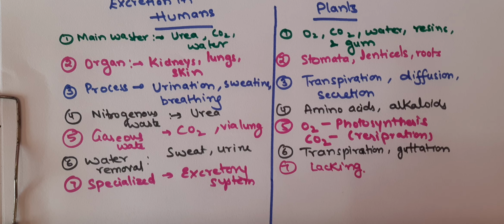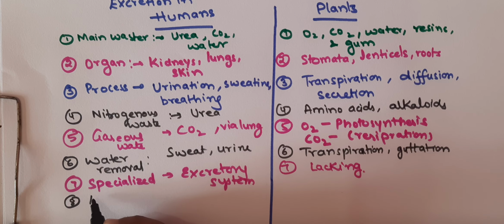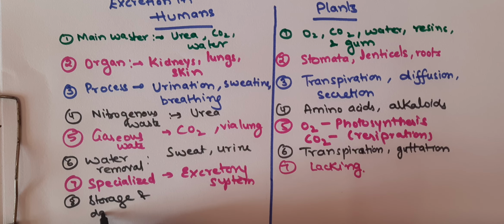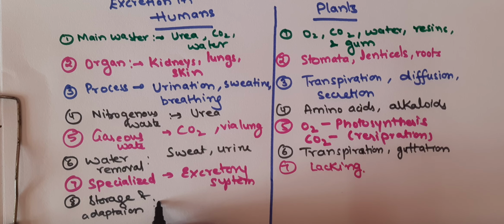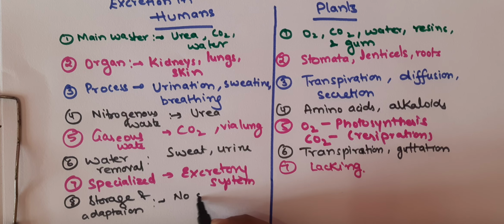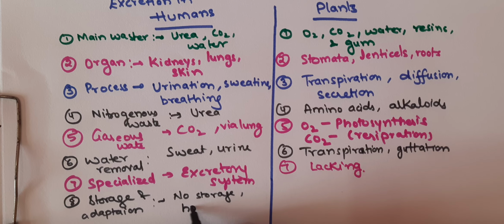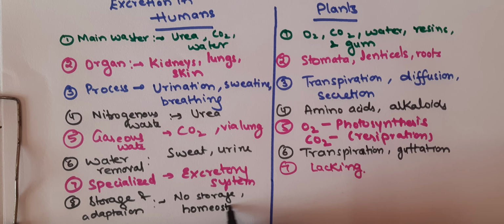The next difference is in terms of storage and adaptation. So we already discussed that in the case of humans, there will be no storage, and excretion helps in maintaining homeostasis in the body.